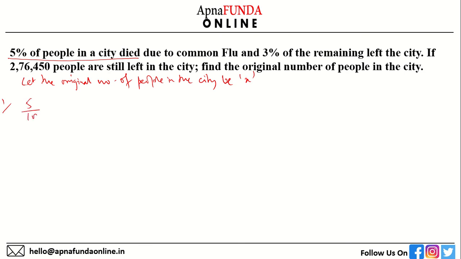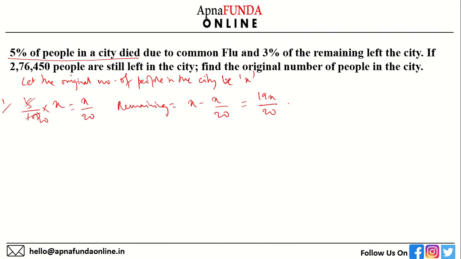That is 5% of X died. So we are talking about X by 20 died. So how many are remaining? Remaining is x minus x by 20. This will become 19x by 20. This is the number of people remaining.